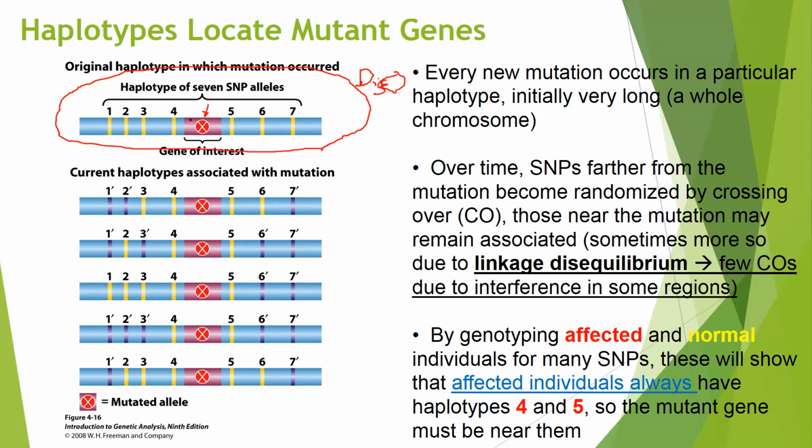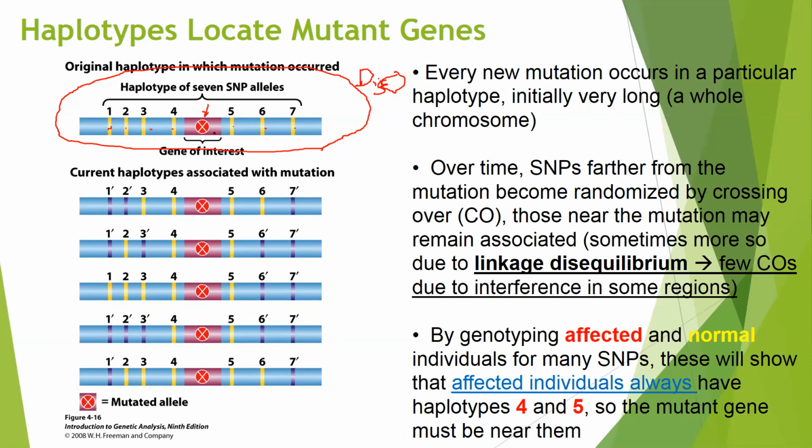In this individual, there are 7 markers here: 1, 2, 3, 4, 5, 6, and 7. And the disease gene will be passed on from generation to generation, right?